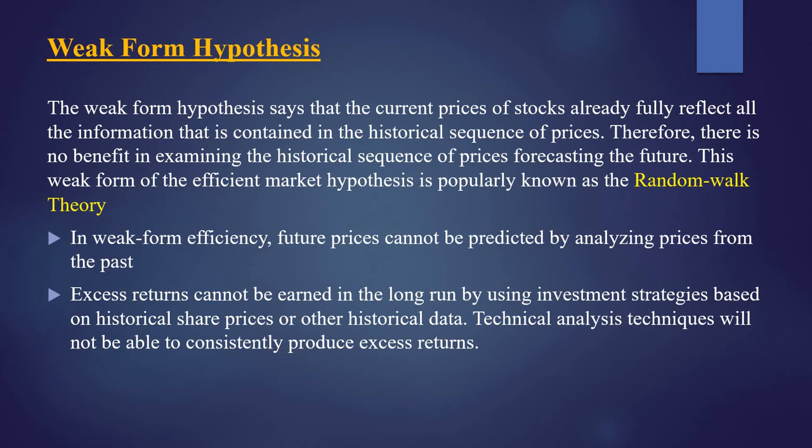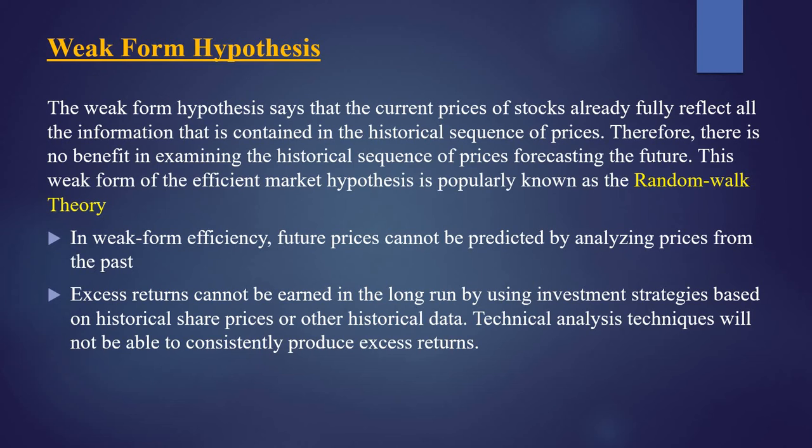Okay, the weak form of hypothesis says that the current prices of the stock already fully reflect all the information that is contained in the historical sequence of prices. Therefore, there is no benefit in examining the historical sequence of prices for forecasting the future. This weak form of efficient market hypothesis is popularly known as the random walk theory.